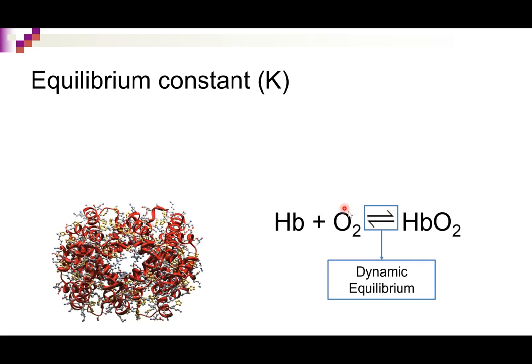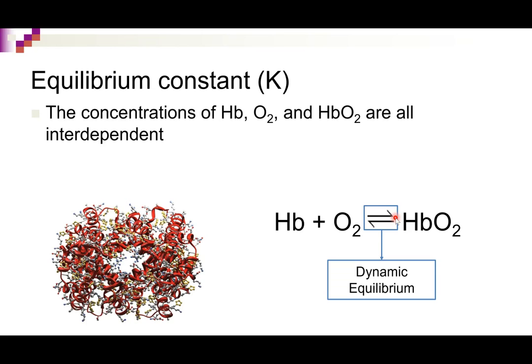One of the things to point out that we're going to see in this chapter is this double-sided arrow. This double-sided arrow tells us that we are in equilibrium. We're going to talk about it at length at the end of this video, but equilibrium means that we have the forward reaction and the reverse reaction happening. That's why we see the double-sided arrow, because it's going both ways, okay?